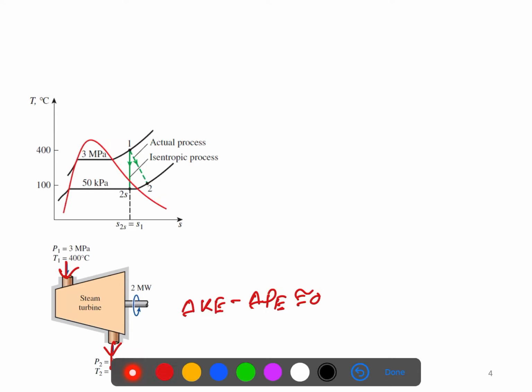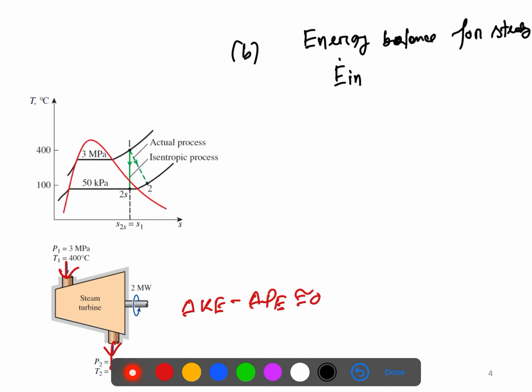So for section B, we will do some energy balance. Energy balance for a steady flow problem. Our assumption was steady. So for a steady flow problem, the energy in equals the energy out, right? And the change is 0 because it is steady. For in, we have the mass energy here. So we can say it is m dot, the mass flow rate.